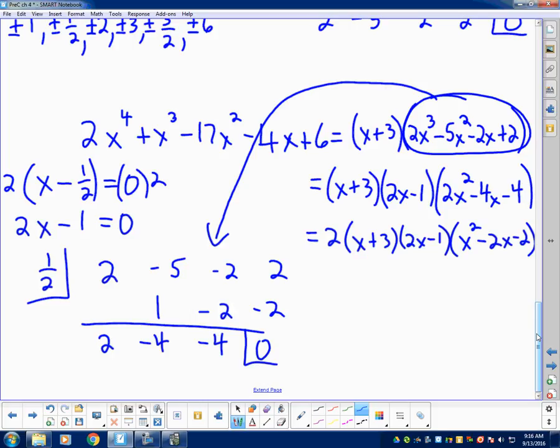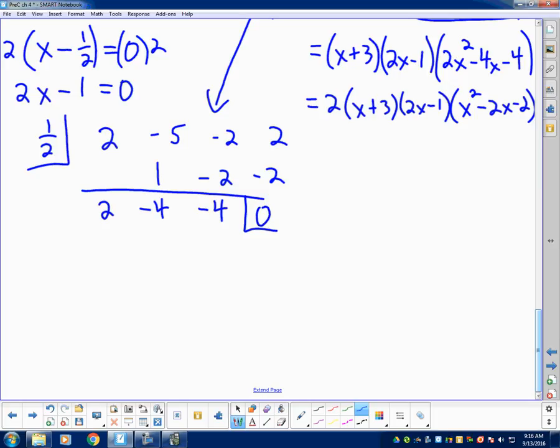But set x squared minus 2x minus 2 equal to 0. It doesn't really matter. You could use the quadratic formula. Let's do that here.